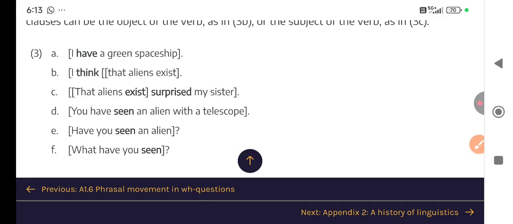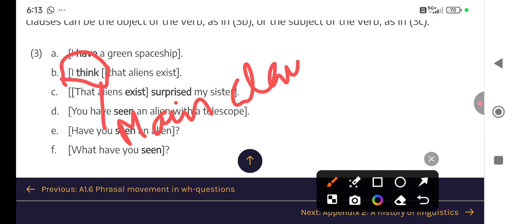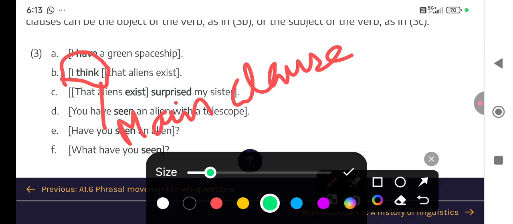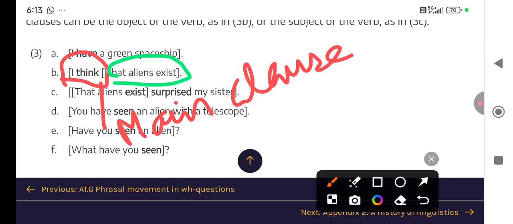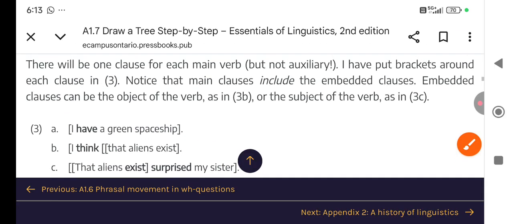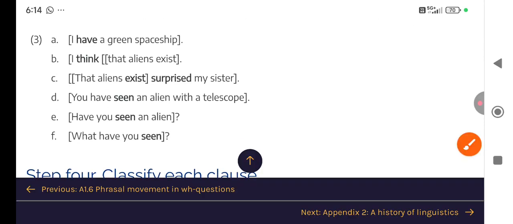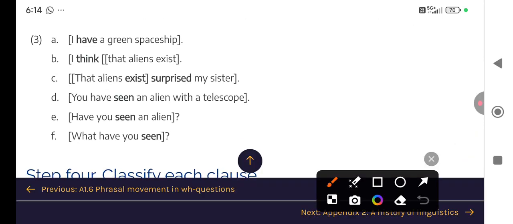I think. So I think is the main clause. And that aliens exist, that is the embedded clause. Right? Embedded clause. So now, main clause and embedded, which is called, you must have heard, main clause and subordinate clause, right?